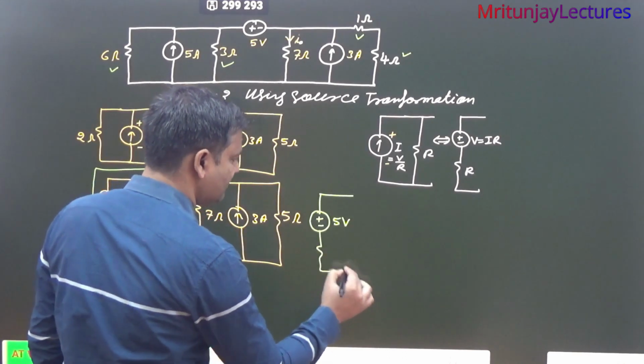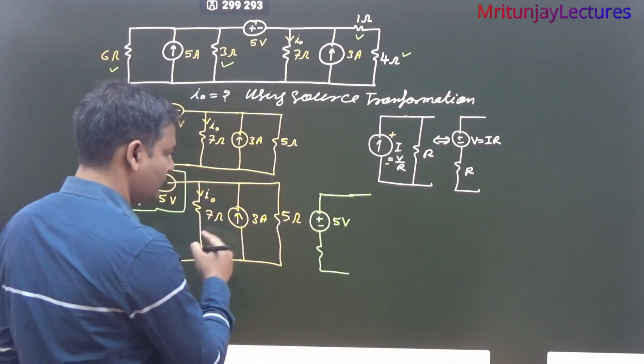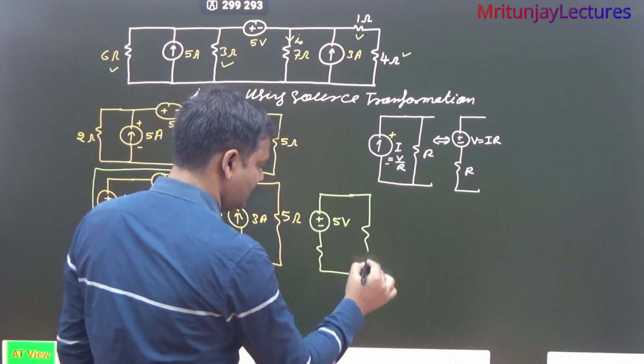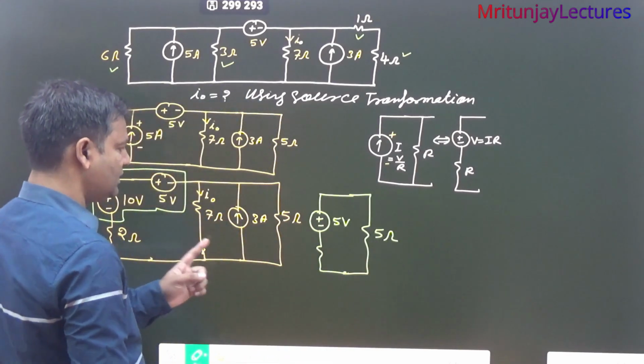That one is 2 ohm. And that 5 ohm reshuffle, means these three are parallel.